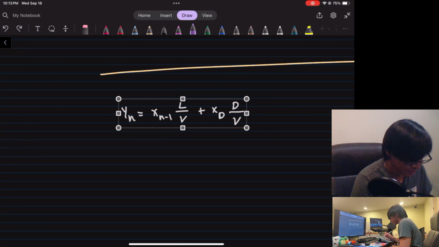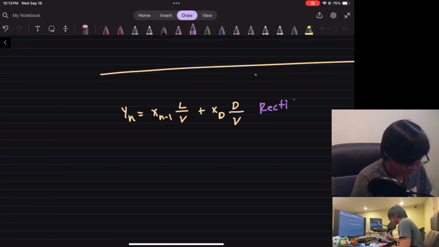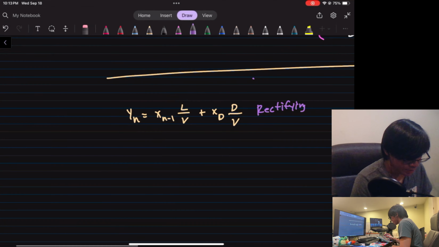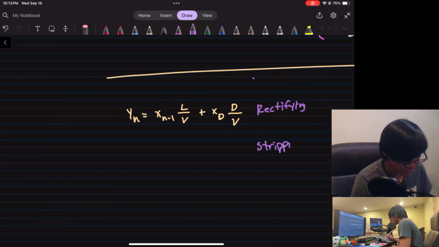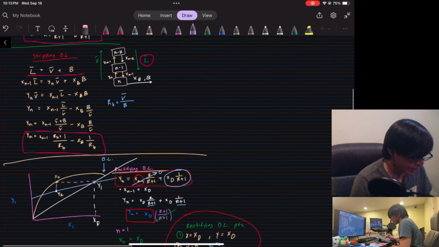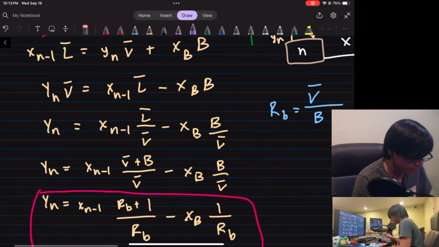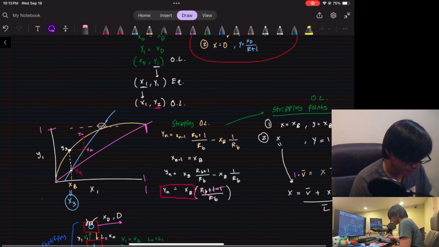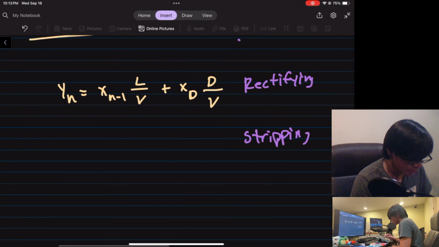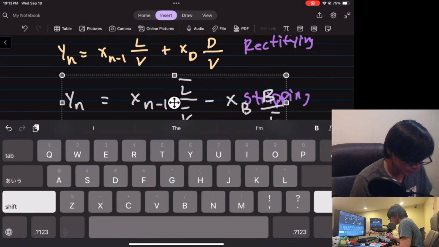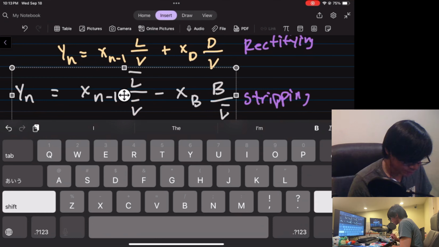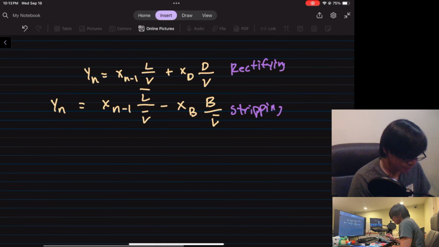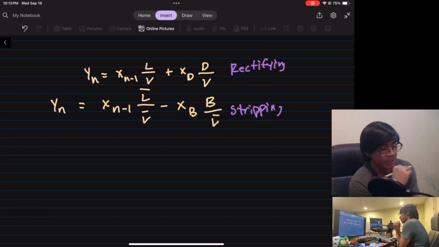So we'll have our stripping here, with the bars. Copy paste that. And what we're going to end up doing is finding this intersection.